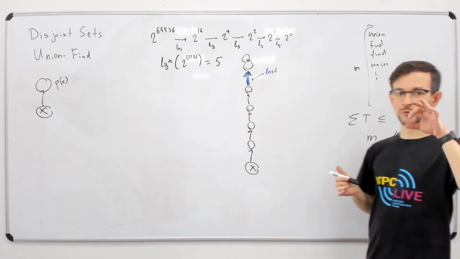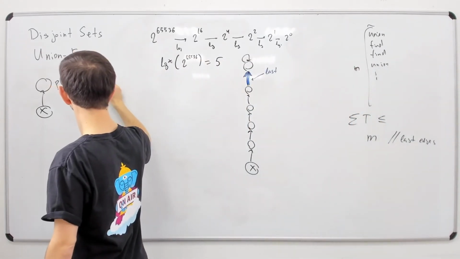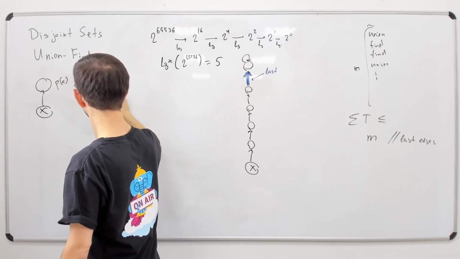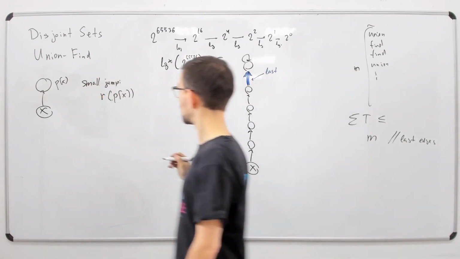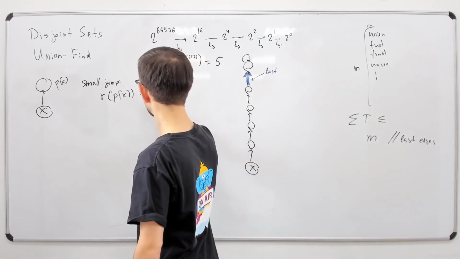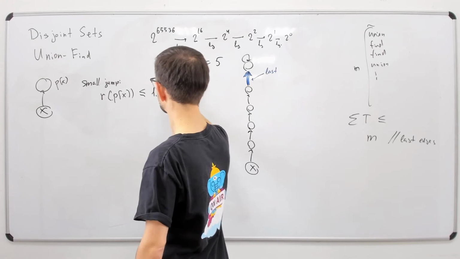We will say we make a small jump if the rank of the parent is less than 1.9 to the power of rank of x.